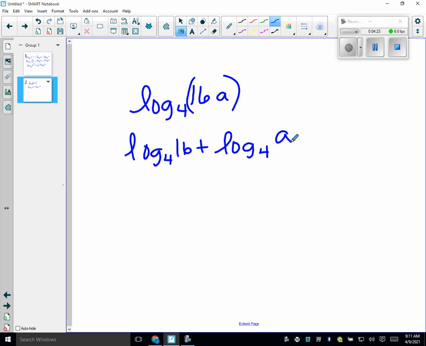But you have to simplify as much as possible. And this will simplify. So I have 2 plus log base 4 of a. I like this.